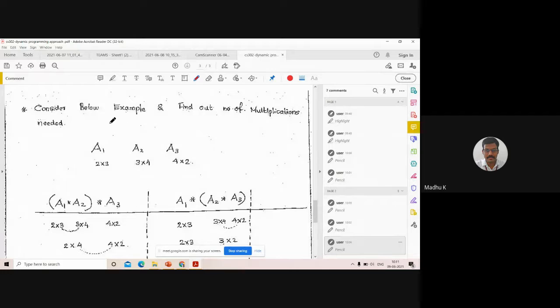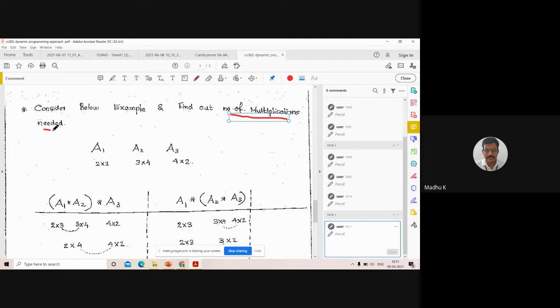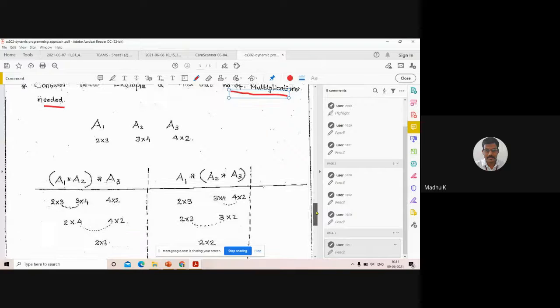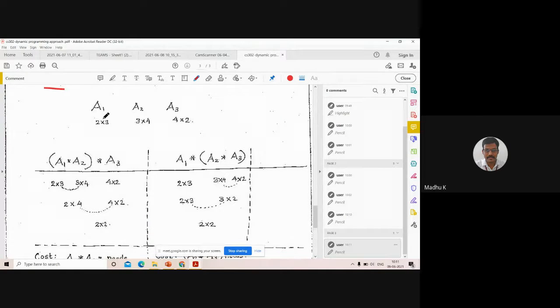Find out the number of multiplications needed, basically the optimal. There are 3 matrices given and their orders are also given: 2 by 3, 3 by 4, 4 by 2.